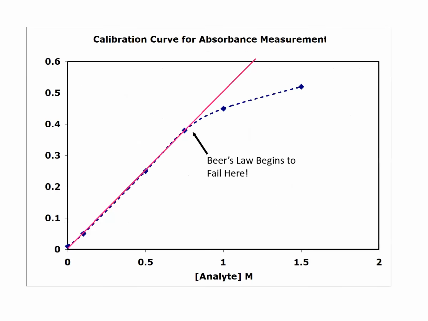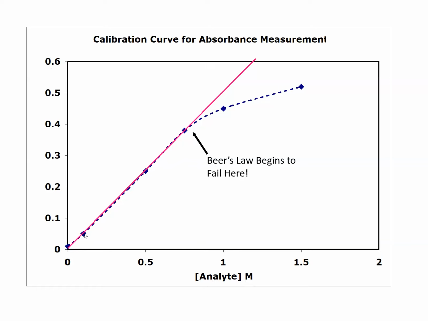Okay. So here is an illustrative example that shows us really what this dynamic range is. For example, here is a calibration curve for an absorbance measurement of some analyte. The y-axis is absorbance, and on the x-axis is the analyte concentration, molar concentration. When this experiment was done, it was found, this is the blue line here, 0 here, almost 0.